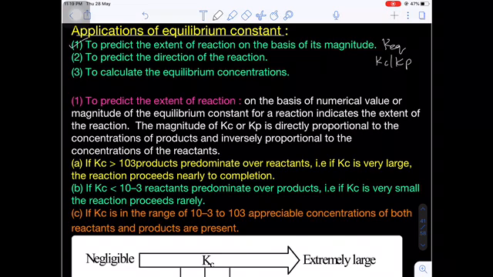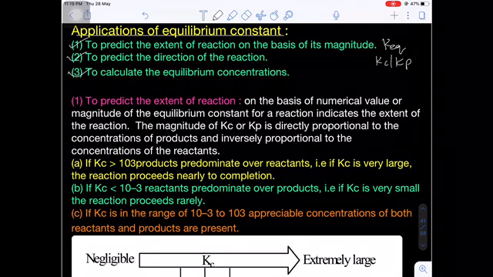Number two, to predict the direction of the reaction based on the equilibrium constant value, whether the reaction is occurring in the forward direction or in the backward direction. Number three, to predict the equilibrium concentrations of various species. When we know the equilibrium constant, then we can calculate the concentration of each species at equilibrium.